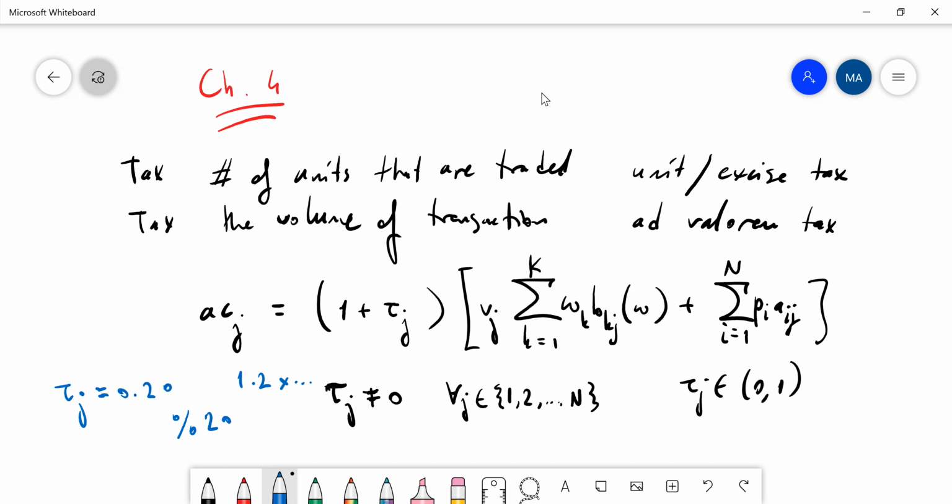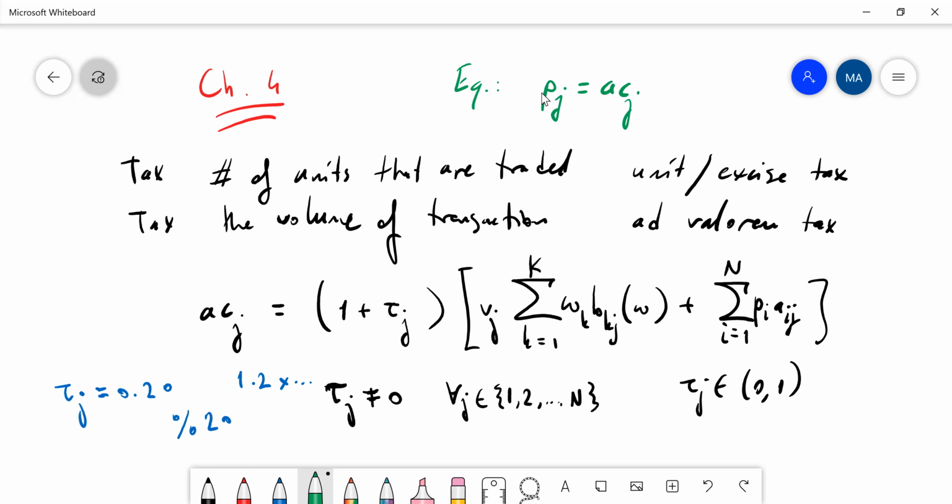Now, of course, you should ask, what does the government do with the tax revenue? Here, we're going to distribute this to the households. Once again, the equilibrium is still characterized by the zero profit condition.